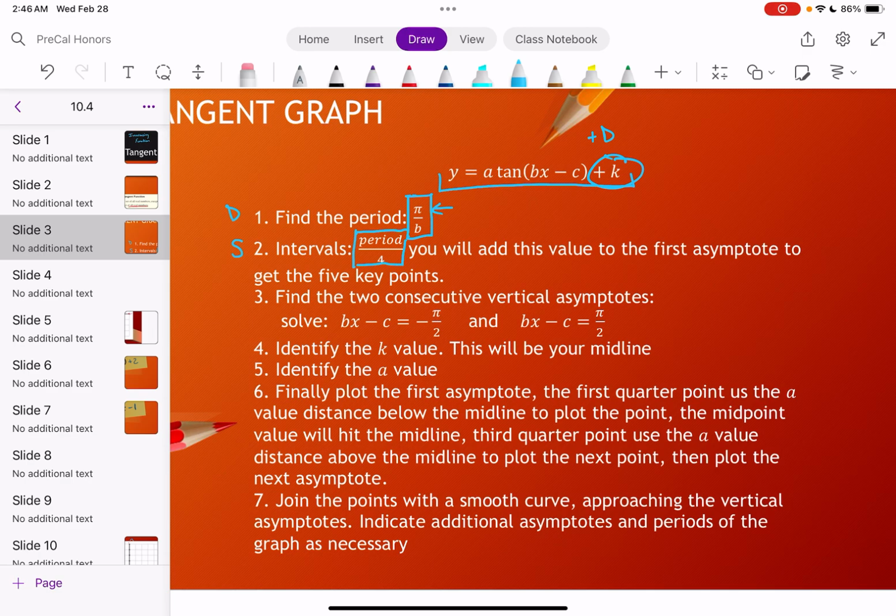There is one new topic that we will have to completely learn separate from cosine and sine, and that is finding two consecutive vertical asymptotes. Every single time that we are working with this question, we are going to use these two equations.